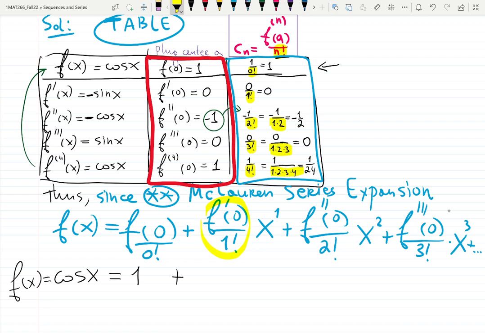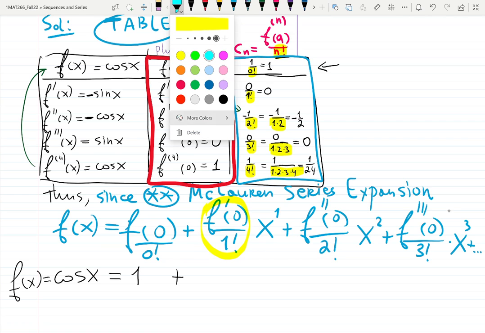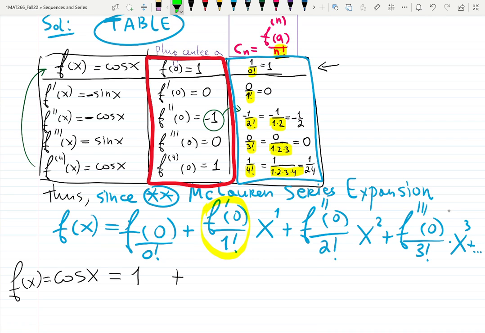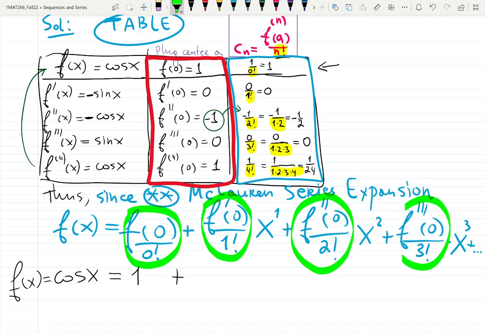Plus, let me show you in a different color. It's green. These are the coefficients. Whatever is attached to the variable x are coefficients. They are located in the last column.